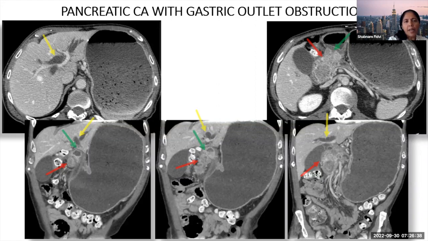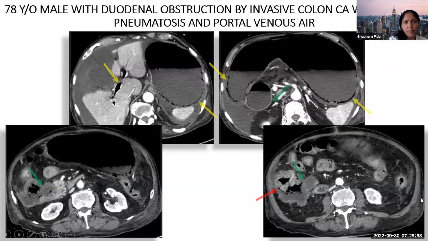And then the green arrow shows the level of the gastric outlet obstruction due to contiguous invasion by the pancreatic cancer. You will see on the axial and coronal images that the stomach is significantly distended with fluid, which is a sign of a gastric outlet obstruction.